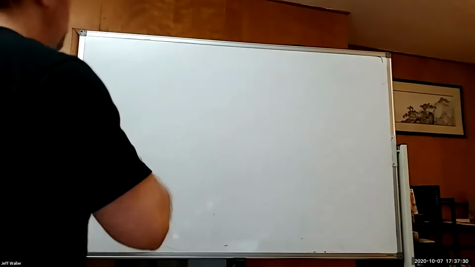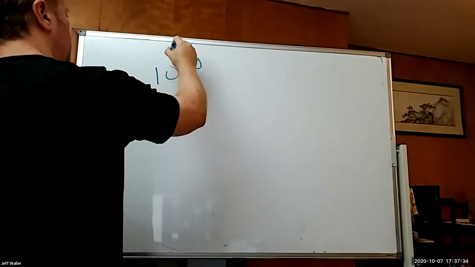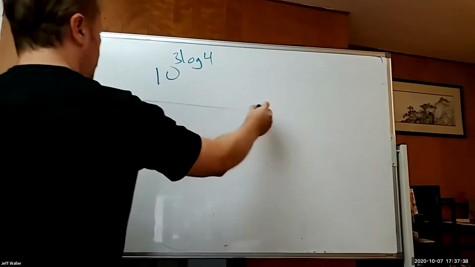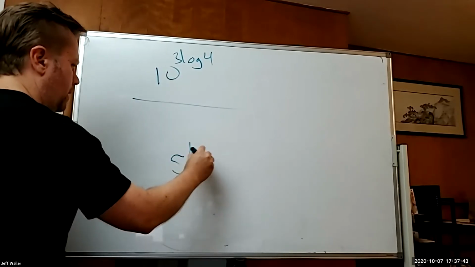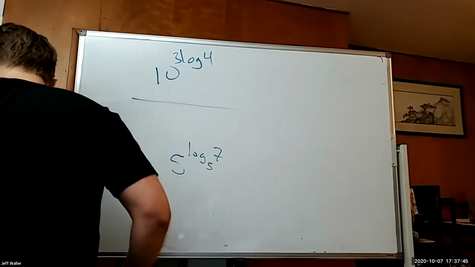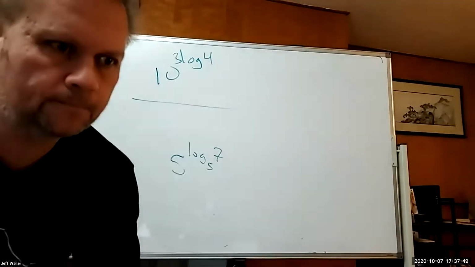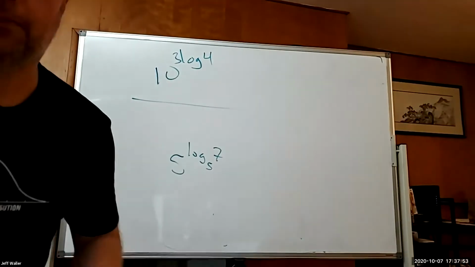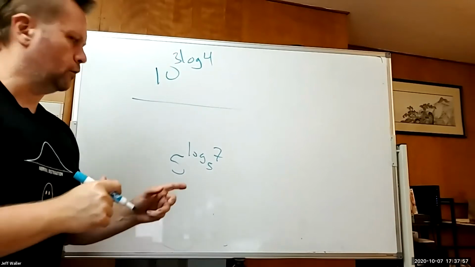All right, so the problem is this. What was it, 10 to the 3 log 4, I think, right? So let me ask you this. What if I had 5 to the log base 5 of 7? Why is that an easy problem? See who remembers. Don't they cancel?